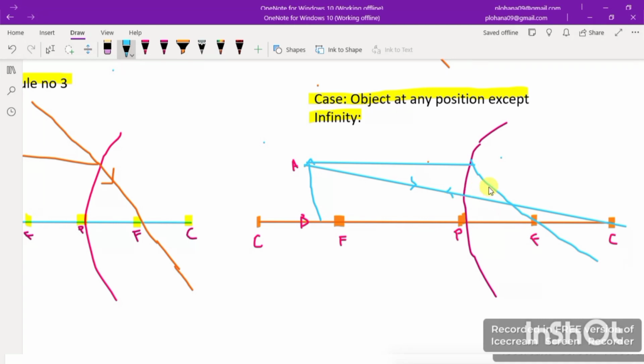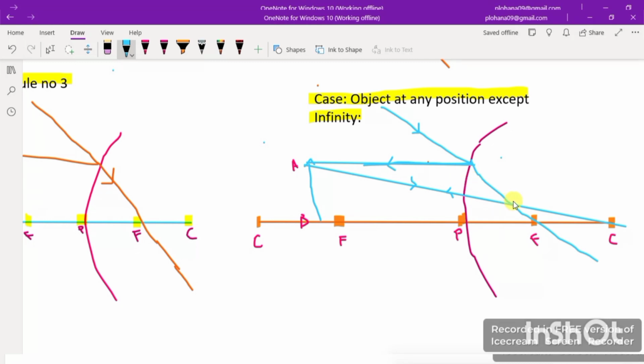When a line which is going through the focus point will always reflect back anti-parallel to the principal axis. If a line which is going through the focus point will always reflect back anti-parallel to the principal axis, right? This is the incident ray and this is the reflected ray.